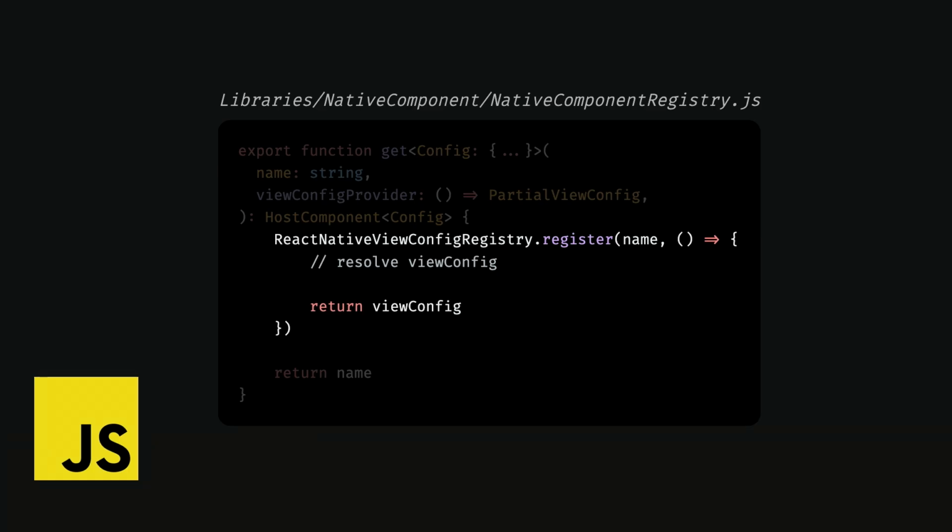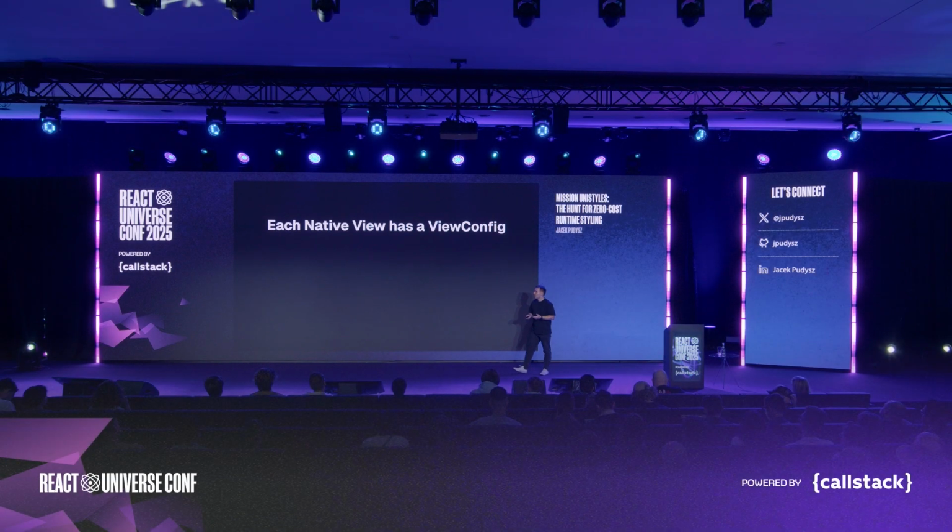At the end of the function, we should get the resolved view config. And view config is just a recipe about what's possible from JavaScript about a view, for example, native view. And this recipe contains multiple things. Among them, we have commands, constants, attributes, and so on.